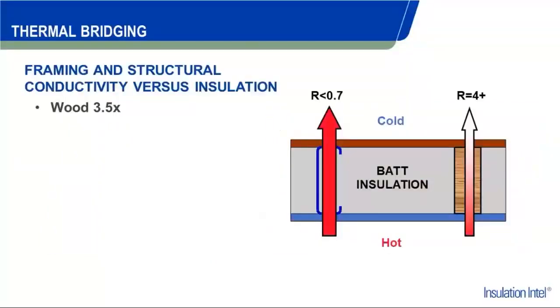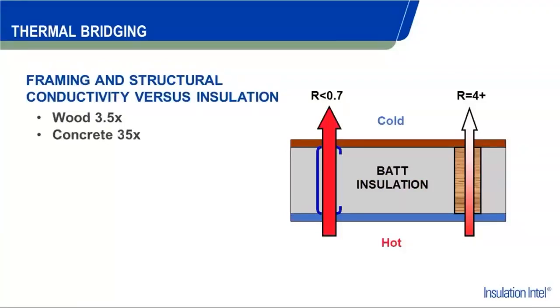If we look at framing itself and compare the resistance values of framing materials versus insulation materials, you'll notice that wood is 3.5 times more conductive than fiberglass batt insulation inside the walls. If we continue to look at concrete, we're looking at another 35 times more conductive.